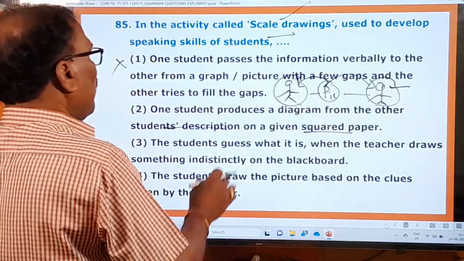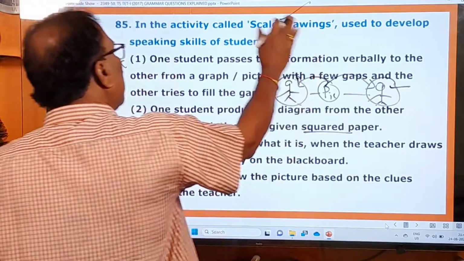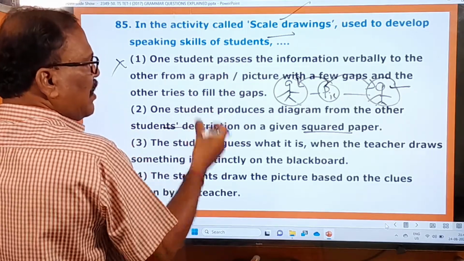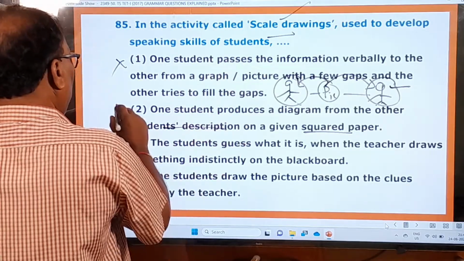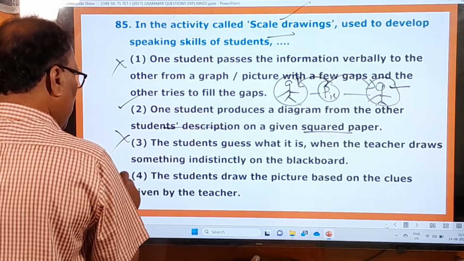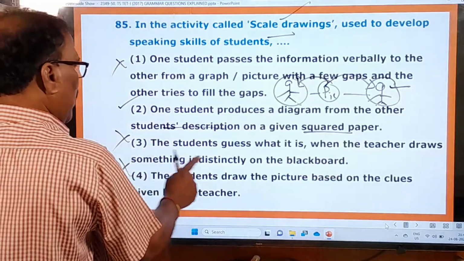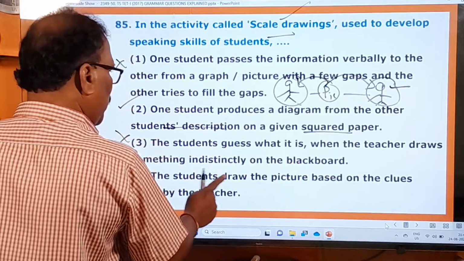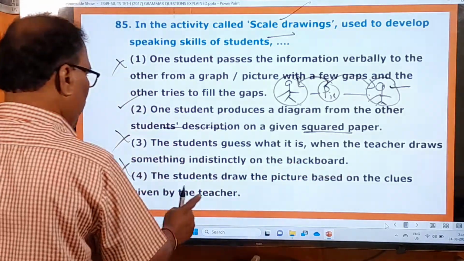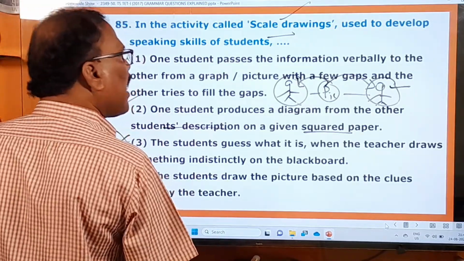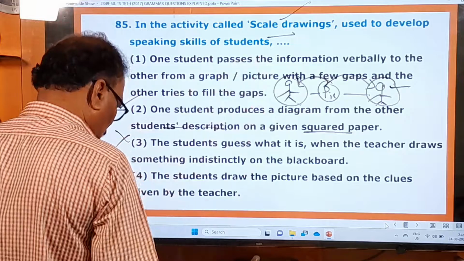So that's why, in scale drawings, as far as speaking skills are concerned, language will develop a lot. This is the right one, and the third and fourth are wrong. The students guess what it is when the teacher draws something indistinctly on the blackboard. Now the students draw the picture based on the clues given by the teacher. So only the second one is the right one as far as my knowledge of this pedagogy goes.